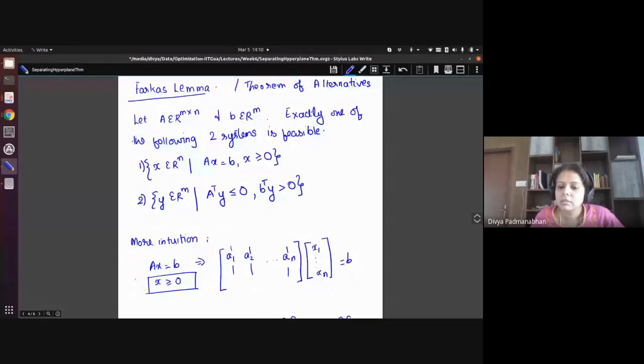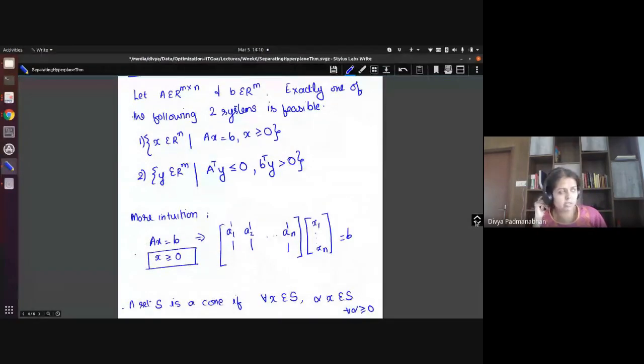Now this kind of combination is closely related to what is called a cone. It's actually called a conic combination. Let's see what a cone is.